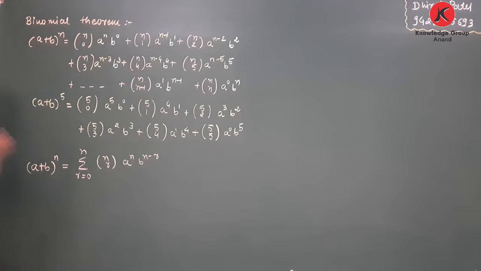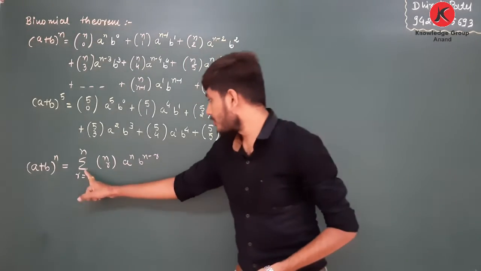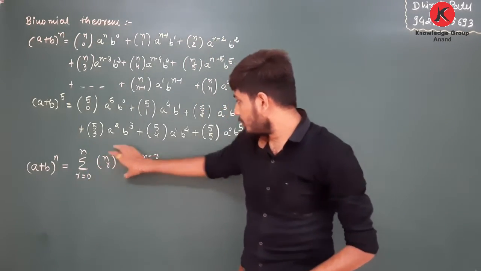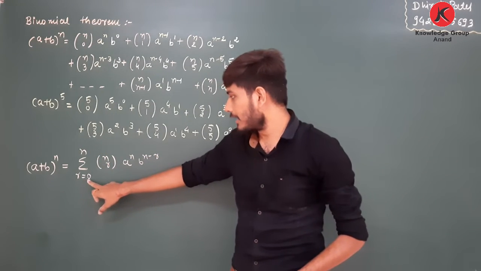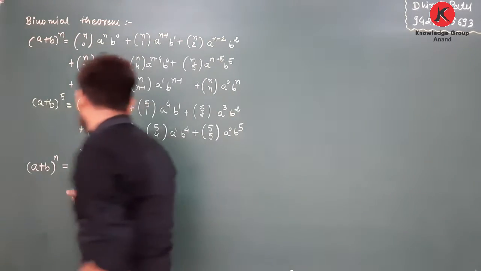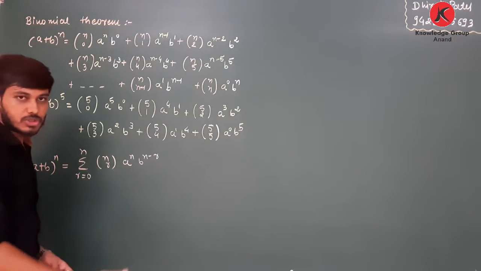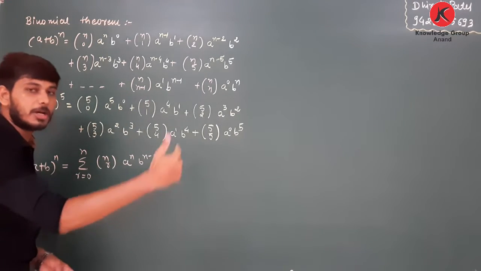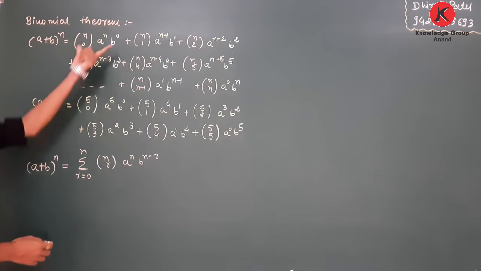We know sigma represents summation. Sigma means summation of these terms from r equals 0 to r equals n. By putting r equals 0, then consecutively r equals 1, r equals 2, r equals 3 up to r equals n, we get this result.